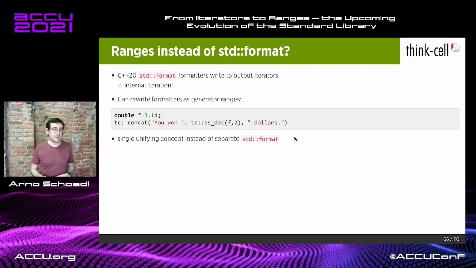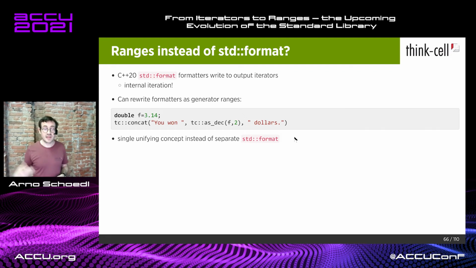So here's an example. You have, say, a double, and you write something like a concat. You concatenate simply the text that you want to write before, then the number of dollars, again, as some sort of description of how you want this thing to be formatted. Again, here it's 2 decimal digits.